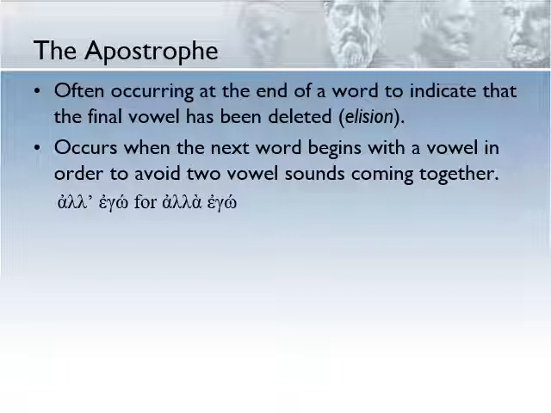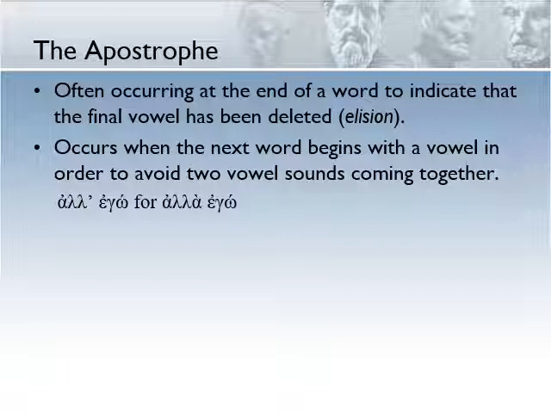But in Greek, what will happen is that alpha will simply drop out, replaced with an apostrophe, and it's pronounced together as one word, all'ego. So instead of alla ego, you have all'ego.